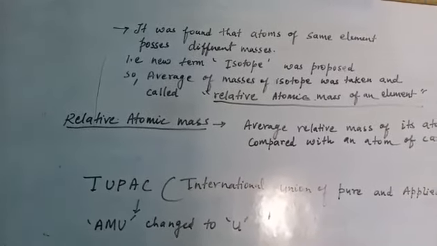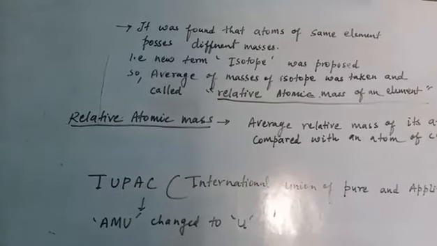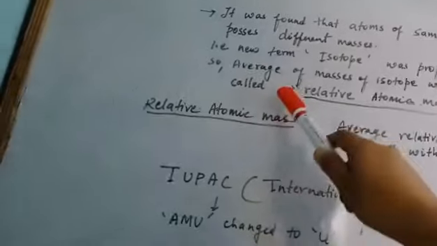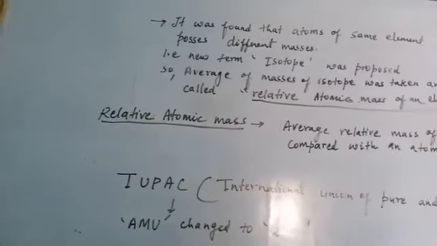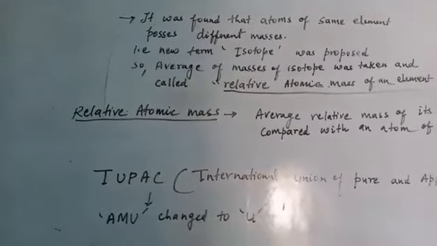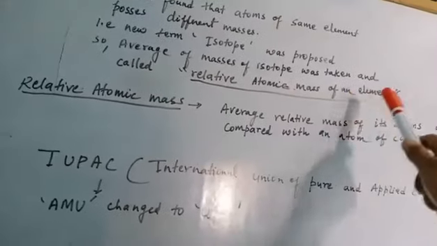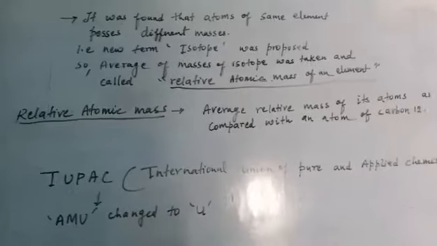So how to calculate the actual mass of an atom of chlorine? Scientists calculated the average of masses of all the isotopes present in that element, and that was taken as the relative atomic mass of an element.